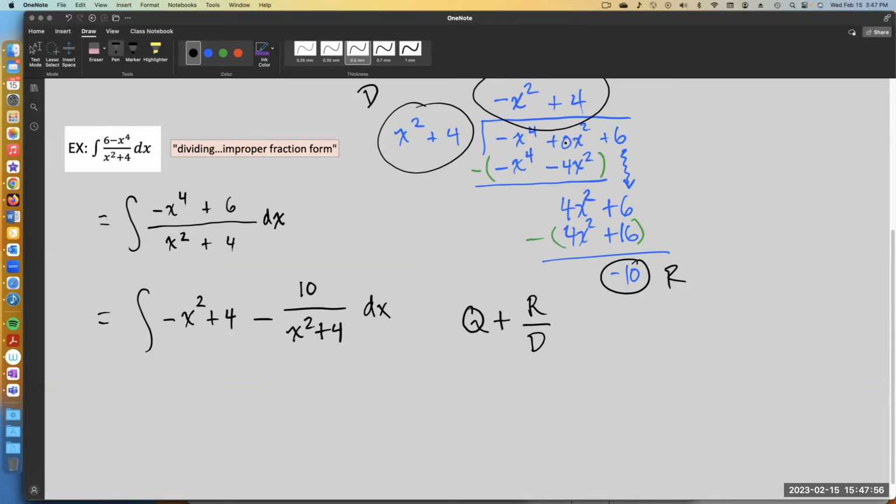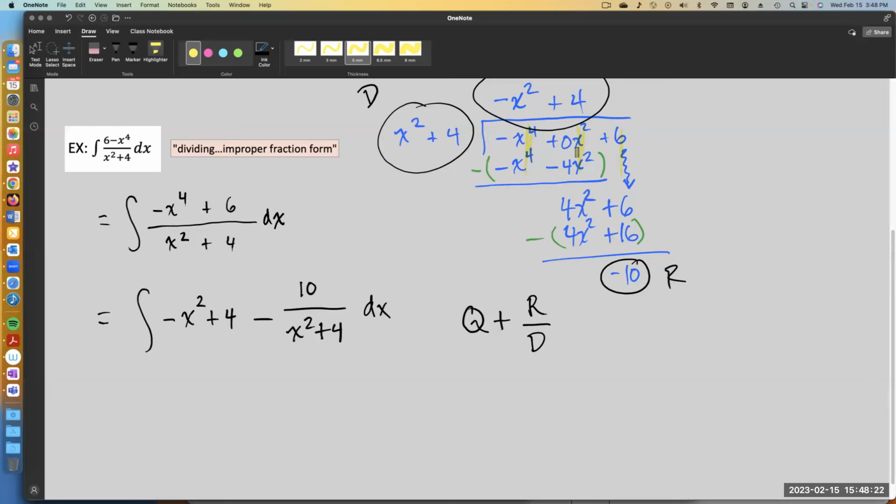What we try to do is line up the powers so that everything matches. It gets very awkward if you had negative x to the 4th plus 6 and you have negative 4x squared under the 6. So usually we try to create columns so that we can have all the powers of 4, all the powers of 2, all the constants lined up.